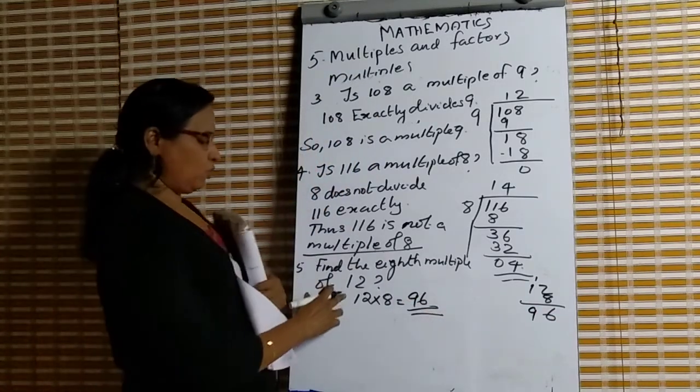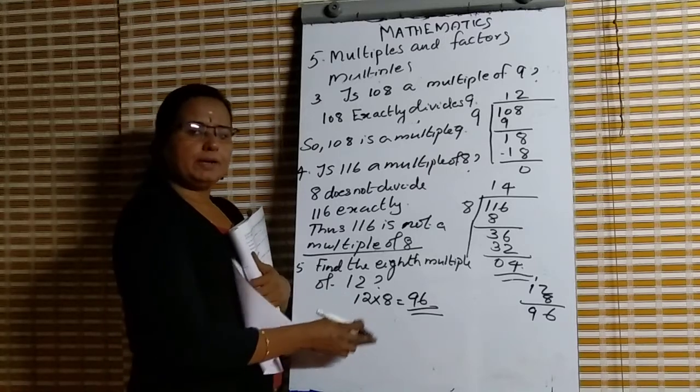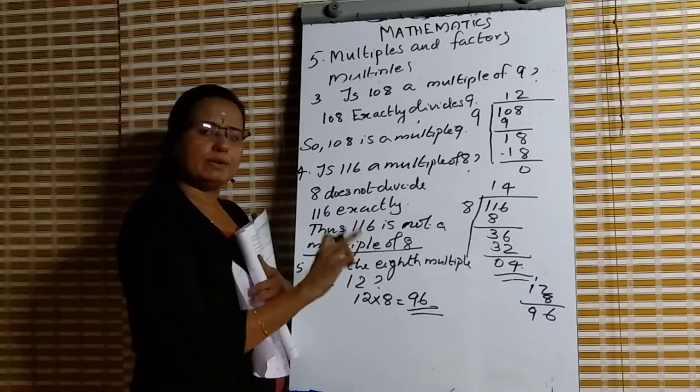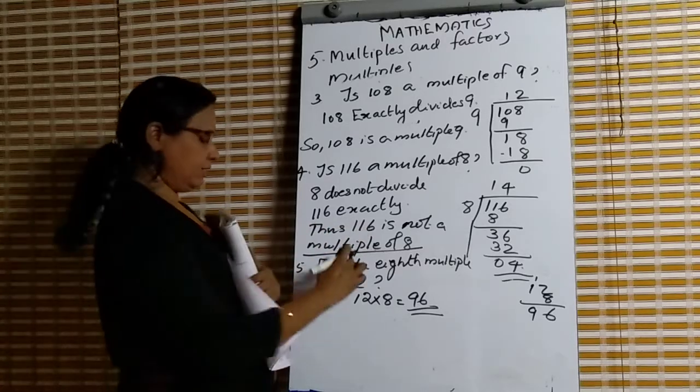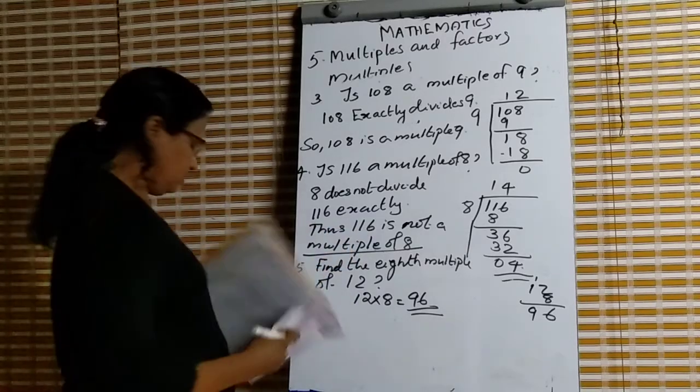To find the 5th multiple of 12, 12 into 5. 7th multiple of 12, 12 into 7. Write this in your notebook.